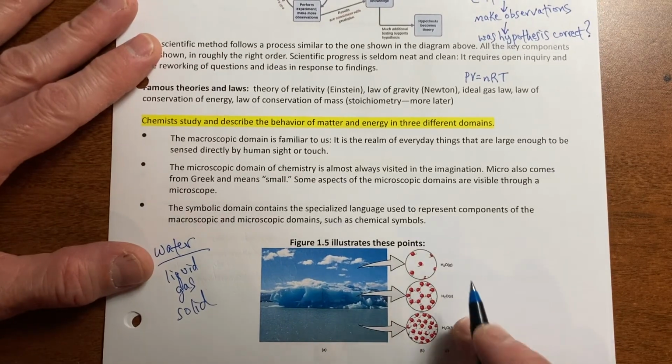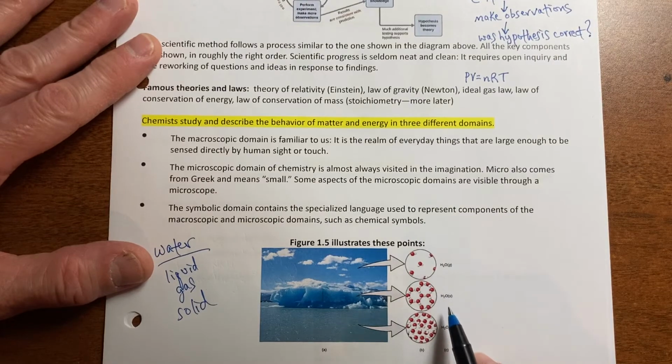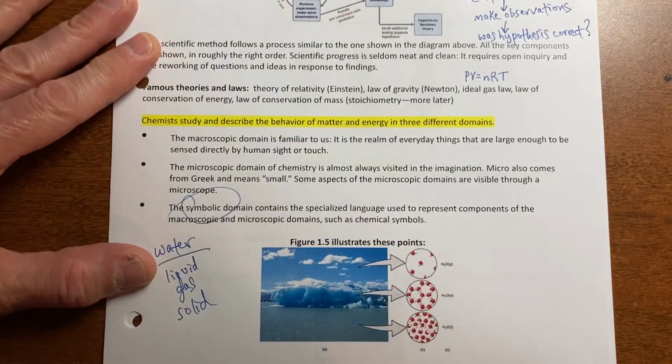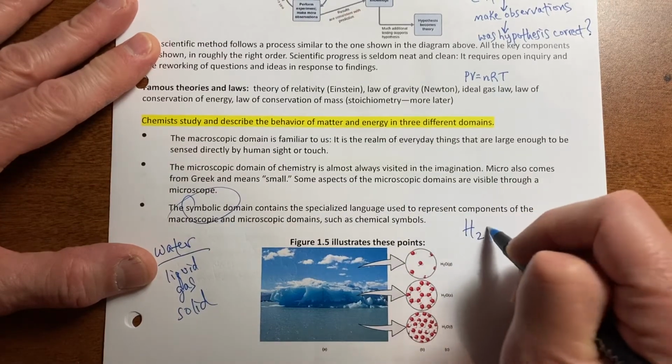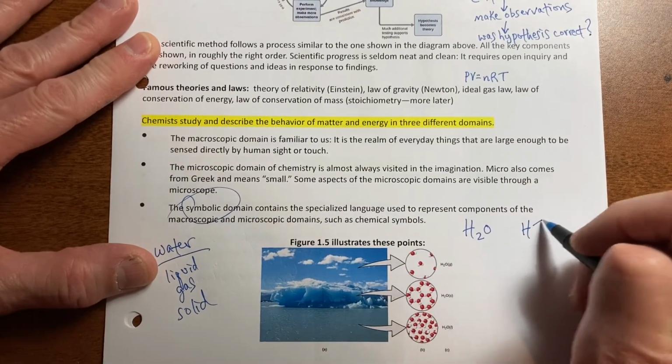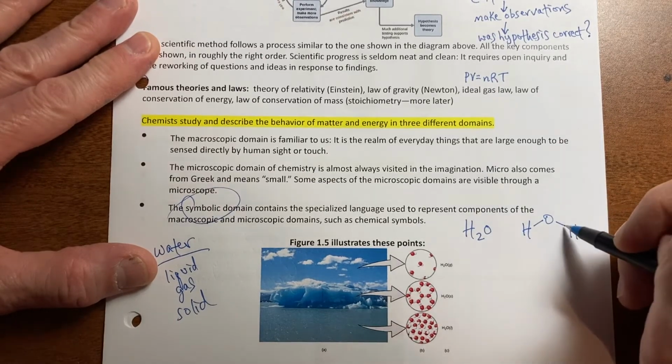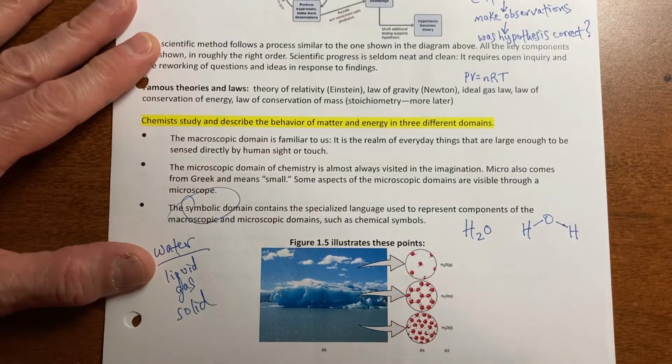But on a microscopic level, we know that water is a V-shaped molecule, which we express symbolically as H2O. We can also draw it as a little V-shaped molecule. Those are symbols. So we're going to discuss a lot, especially at the beginning of this class, how to write these simple molecules, what each symbol means, and there's a lot of information that's buried within these simple structures.